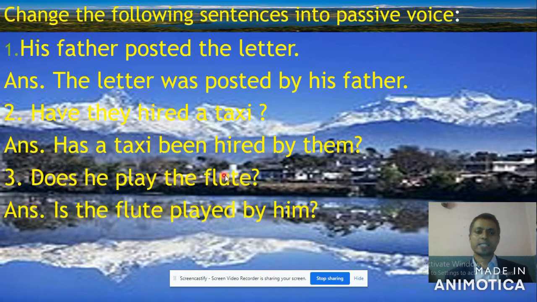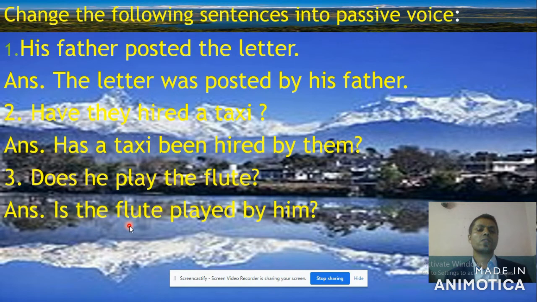This is the simple present tense, so we use is, because the flute is singular. So we should use a singular verb. In place of does, we write is: is the flute. If there were flutes, we would write are: are the flutes. But here it is singular, the flute is a single subject.